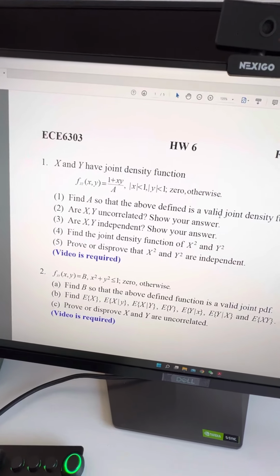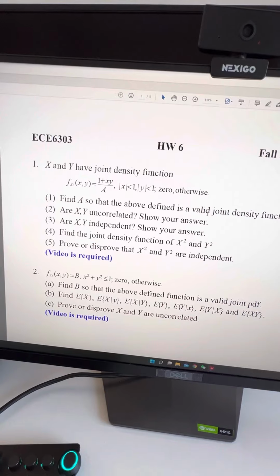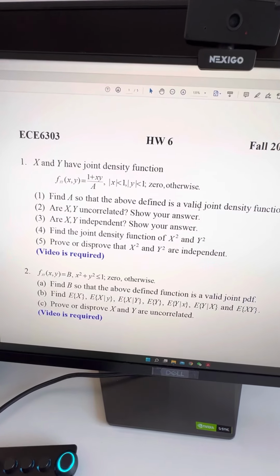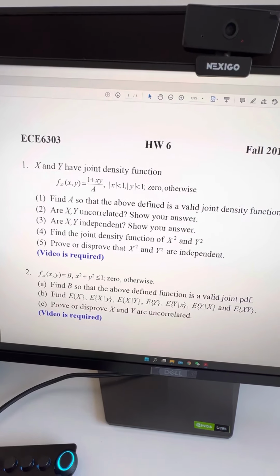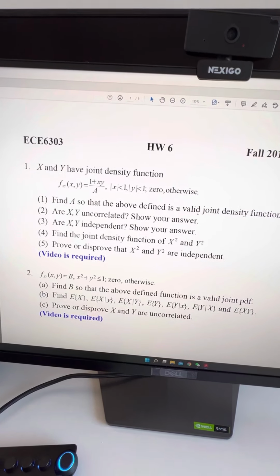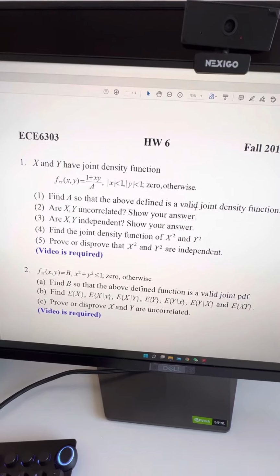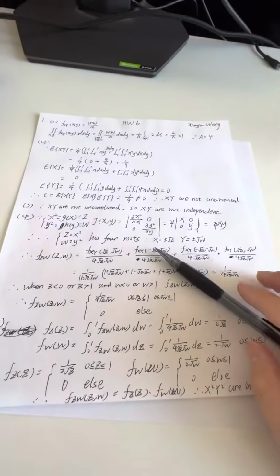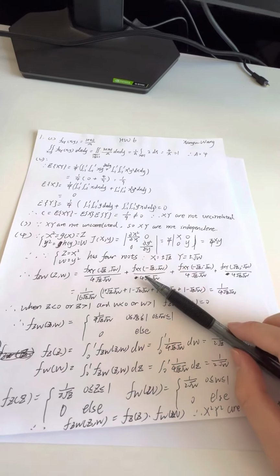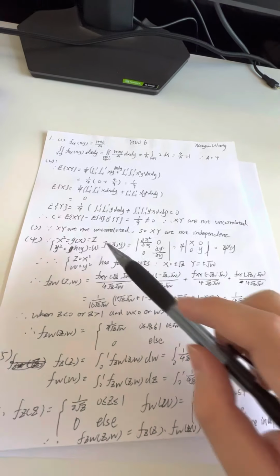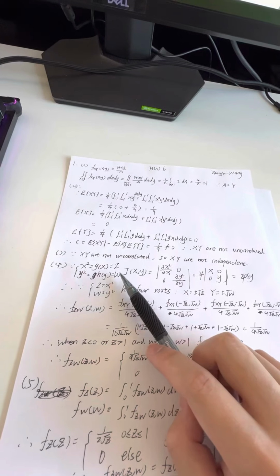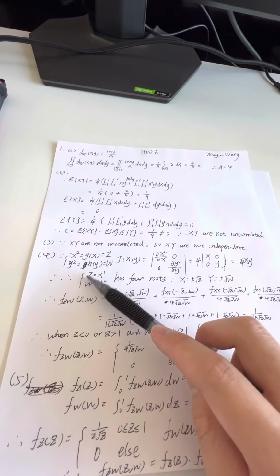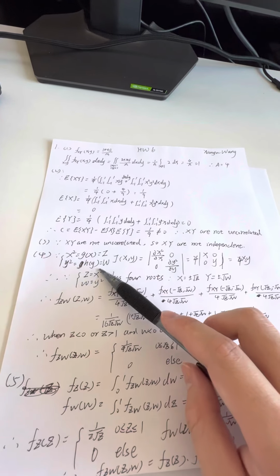And sub question 4 wants us to find the joint density function of x squared and y squared, and it is very easy. For x squared, we need to make use of the method we learned from the lecture.